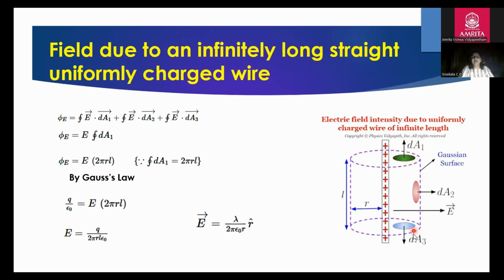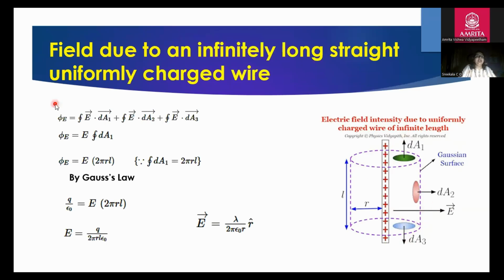So with dA1 and dA3, the electric field lines will be perpendicular, so the angle is 90 and the flux through those surfaces is 0. Electric lines are passing perpendicular to the curved surface only.